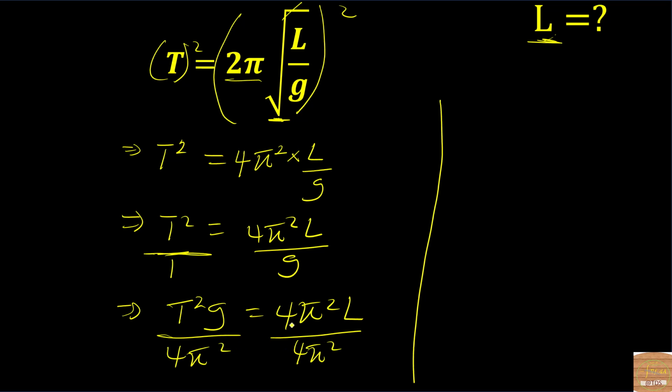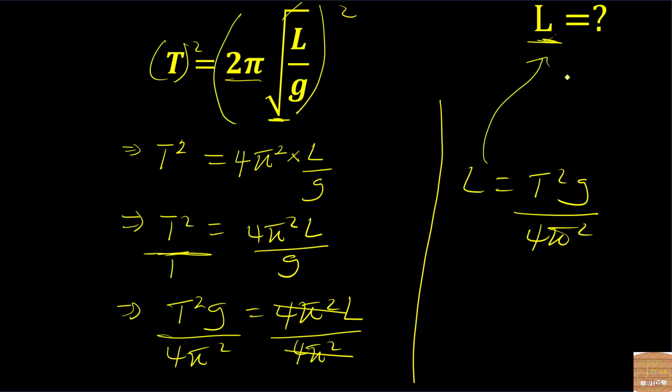Now this one will cancel. So my L here will be t squared g over 4π squared. That is the answer. So that is L.